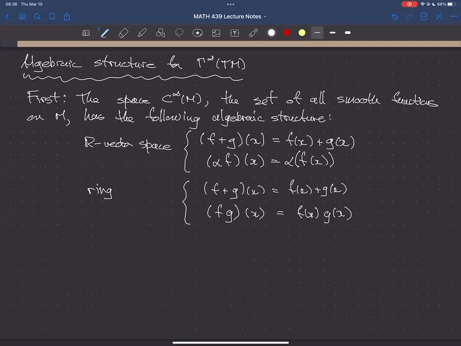Now, of the various kinds of function spaces that I talked about, not all of those are rings. C0 is certainly a ring. If you take the product of two continuous functions, you learned in 281 that that's a continuous function. But if you take two functions in L2 and multiply them together, you don't get a function in L2. Actually, you get a function in L1. So the ring structure here isn't automatic like the vector space structure.